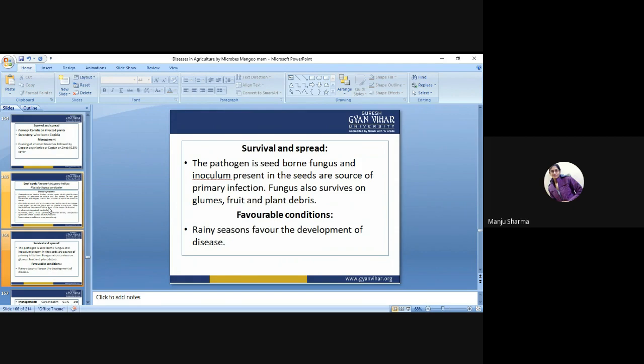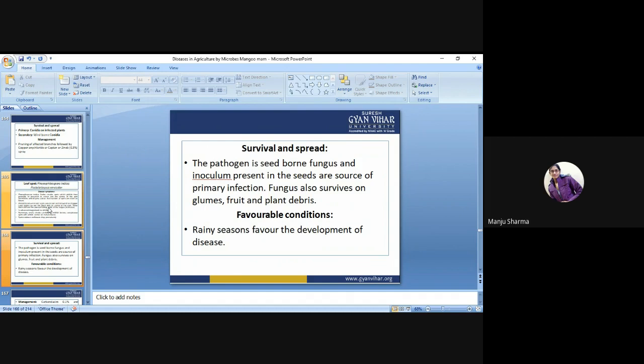Survival and spread. The pathogen is a seed-borne fungus, and the inoculum present in the seeds is the source of primary infection.